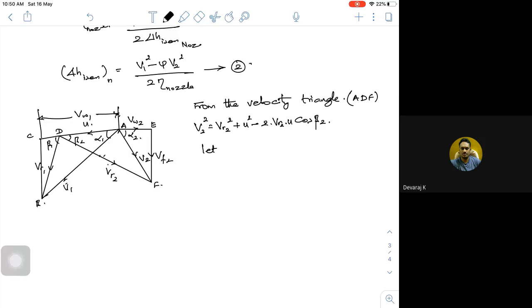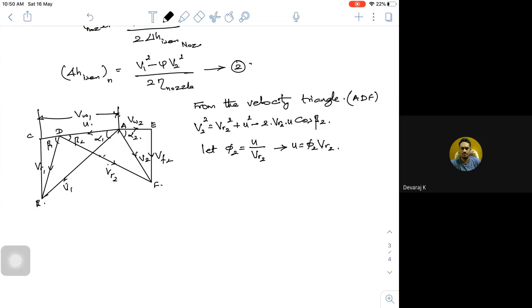Let me define phi 2 equal to u divided by VR2. Fine. Now then what will happen? Your u is equal to phi 2 into VR2.